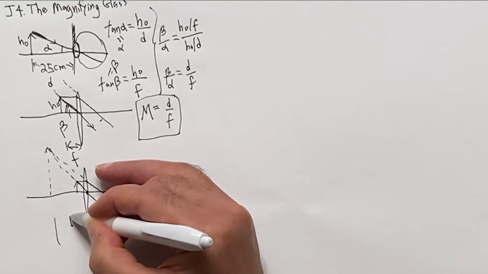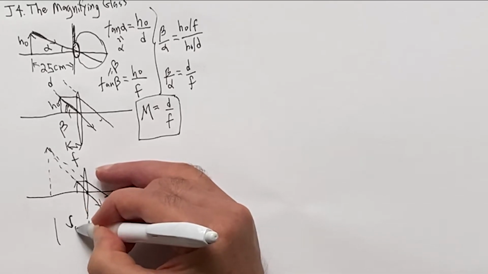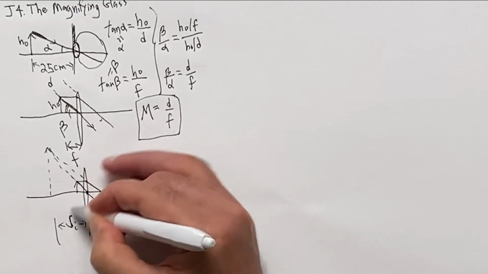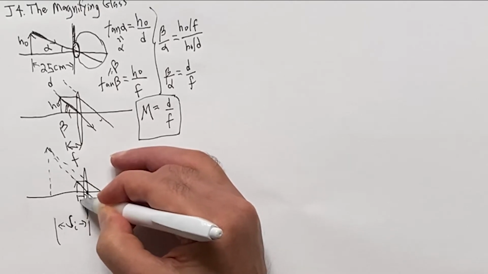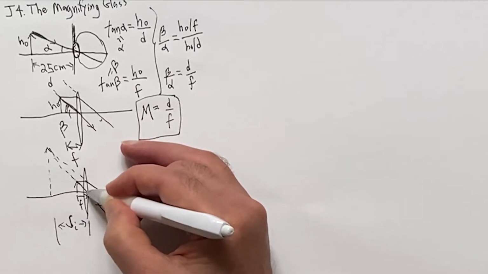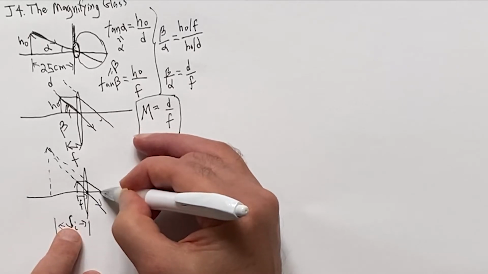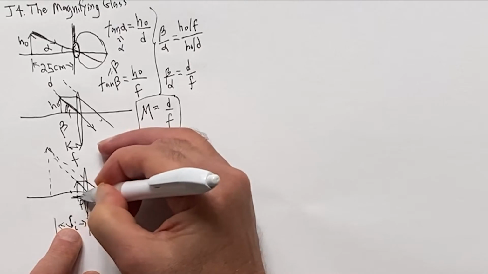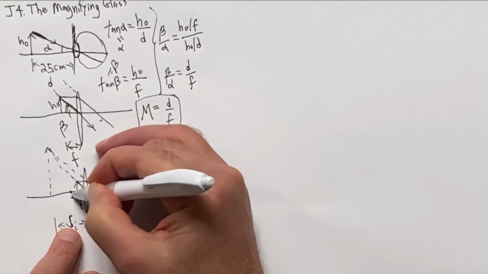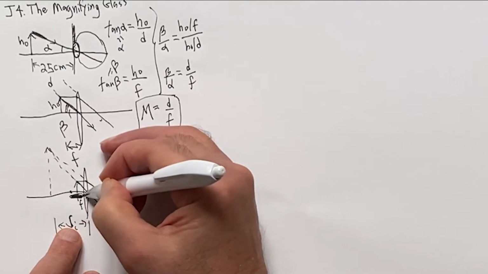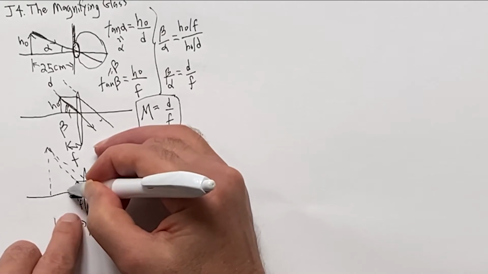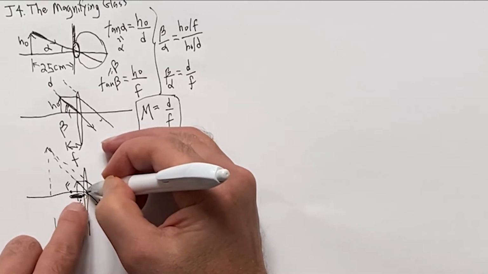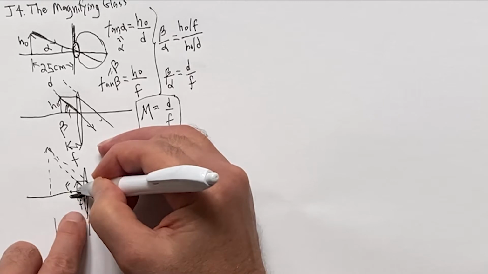So in this case, this here is your image distance, and your focal length is going to be to this point here. The main thing here is that you are between the focal point and the lens.